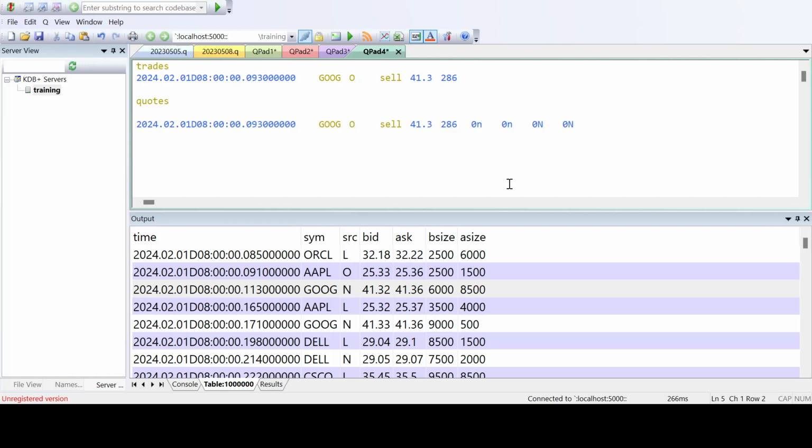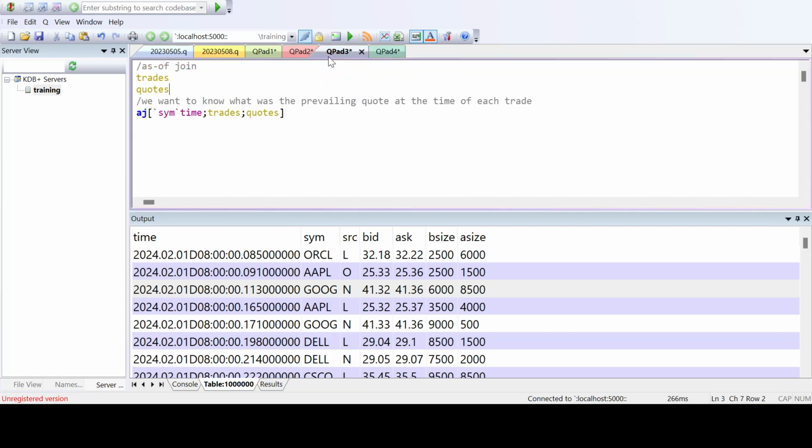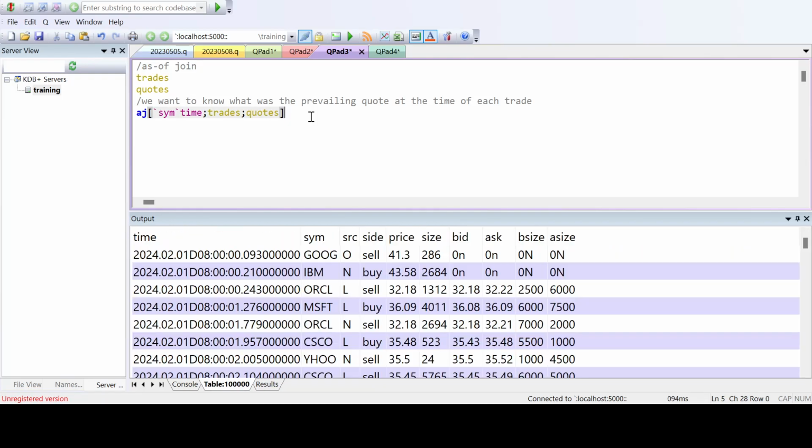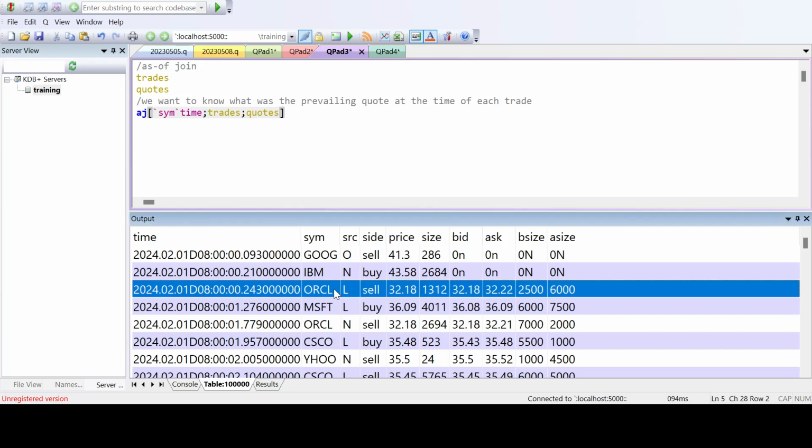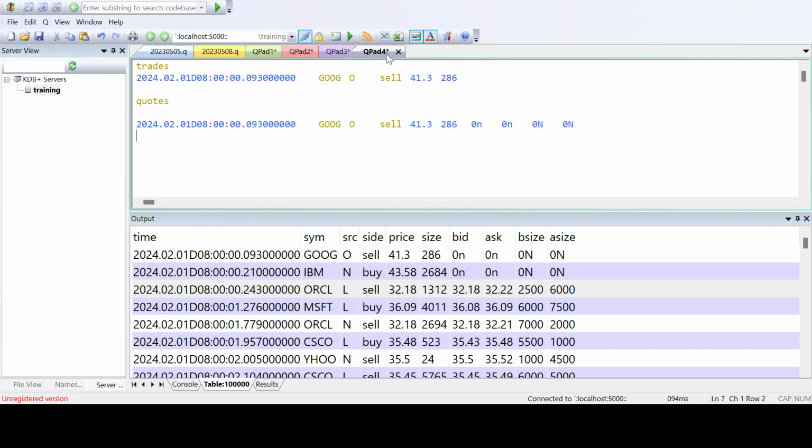So let's take another example. The same would be for this IBM. Let's take this example of Oracle. Let's copy it. This trade happened at 800.243. Let's see in the quotes table.